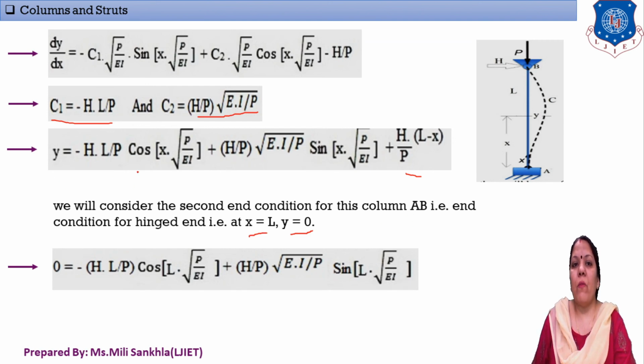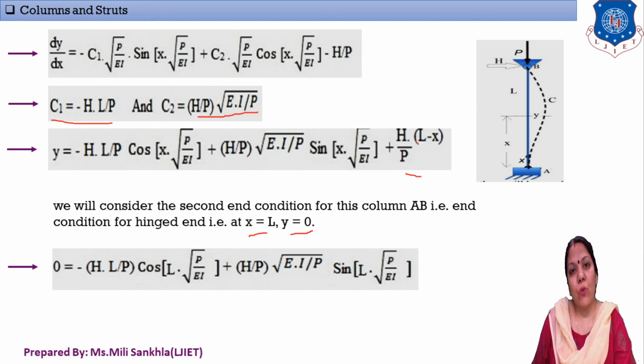Now one by one put the values here: y is equal to 0, x is equal to L. Look at this, HL cos L under root P upon EI, then H by P under root EI by P, and sin L under root P upon EI, and here the term with x equal to L, L minus L is equal to 0, that means this term is simply cancelled out. Clear? This final term is cancelled out because we put x equal to L, so L minus L is equal to 0.